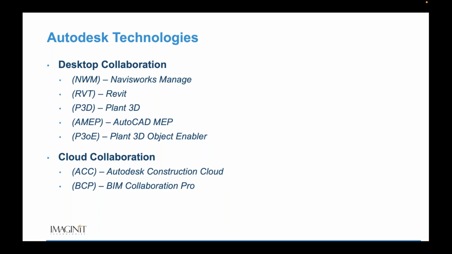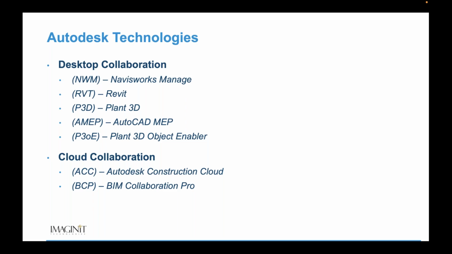And then obviously the Plant 3D Object Enabler. The Plant 3D Object Enabler is something that you need to make sure that you install after you have installed the other 4 software. If you don't install it after having installed Navisworks, the Navisworks presentation graphics for your plant models are not going to look as complete and definitive as you want them to.